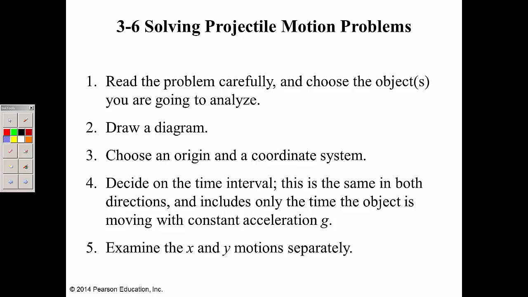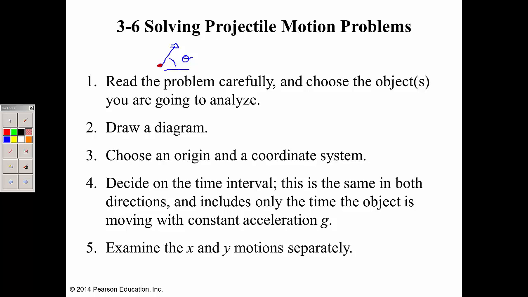So in order to solve projectile motion problems, same as what I'm always going to tell you, read the problem twice, and choose what you're going to analyze. And then you're going to draw a diagram. We have a ball being launched at some angle. Choosing the origin and coordinate system, usually you choose where the ball was launched from, and the coordinate system x, y, up, down.